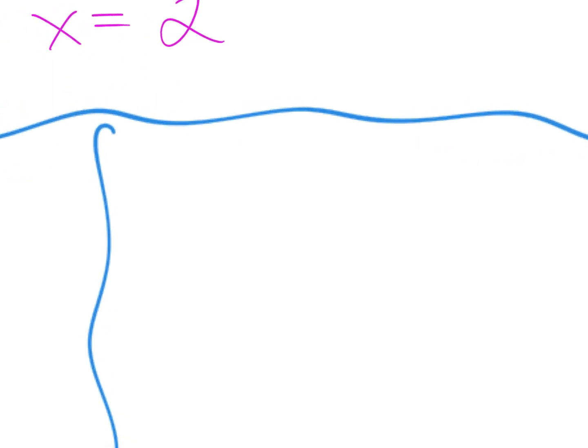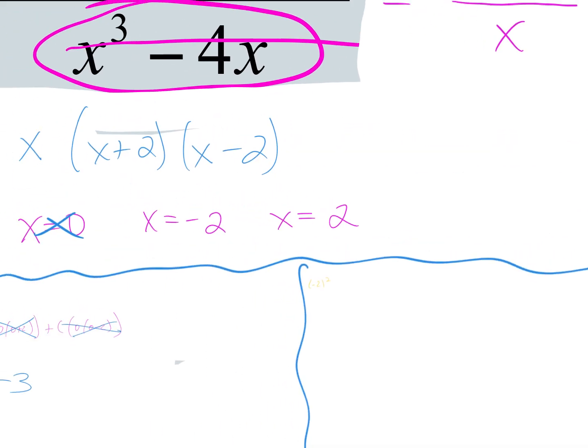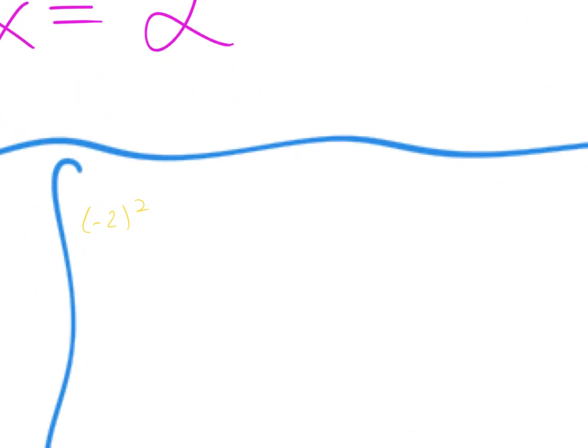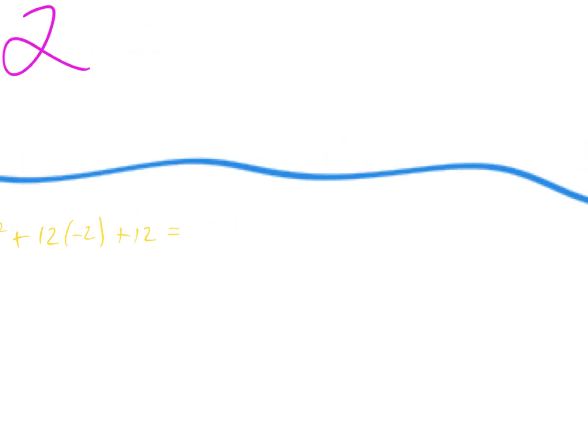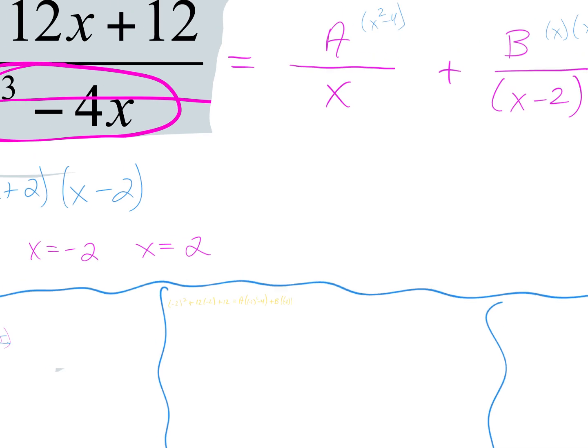So I got to write small. So I have negative 2 squared. Is it minus or plus? Plus 12 times negative 2 plus 12, right? Equals, A is negative 2 squared minus 4 plus b is negative 2 times, what was b?